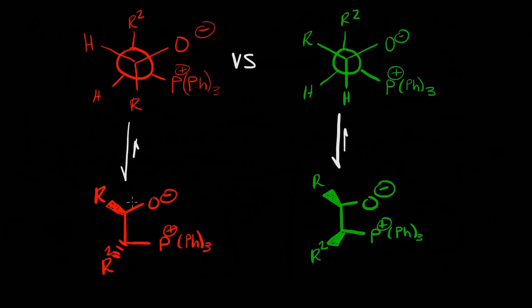So if you boil that down into a line drawing, you see what I have here again in red on the left, where the R groups are trans, and then over on the right where they're cis again.